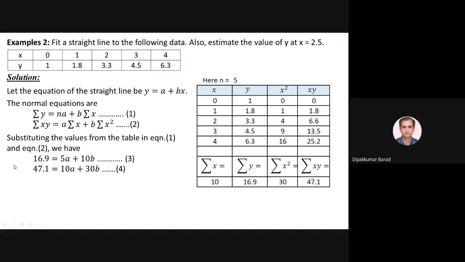How can you eliminate a? Just multiply equation 3 by 2 and subtract it from equation 4.